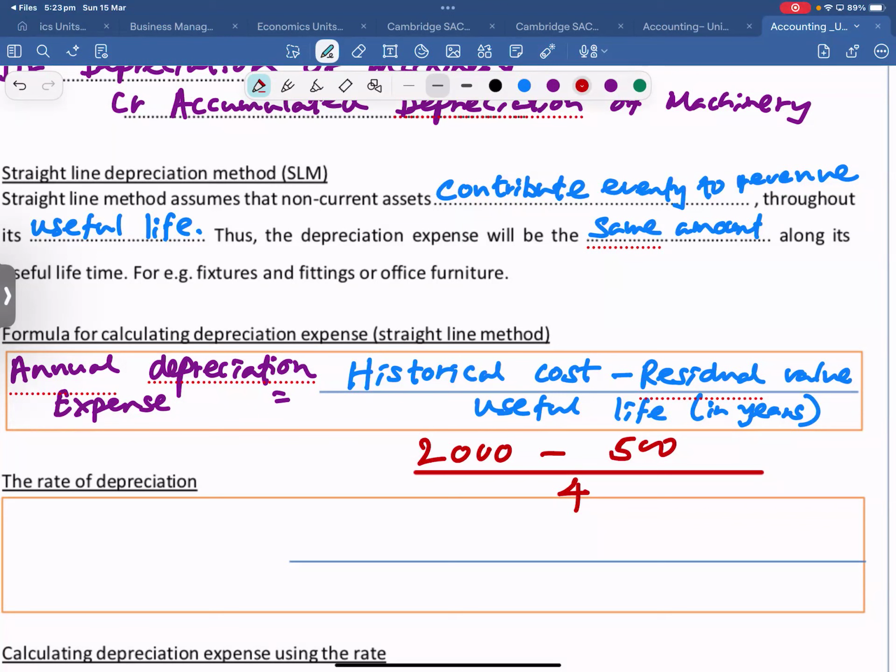Otherwise, depreciation occurs every day. Every day it occurs, but we are not going to do it daily, because we would be depreciating every day. So we do it according to the length of the period, which is our balance date.